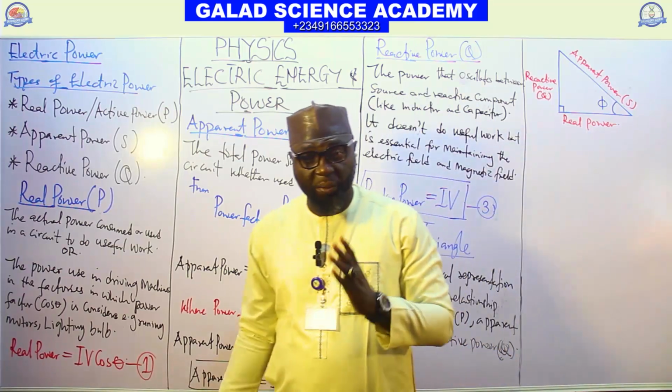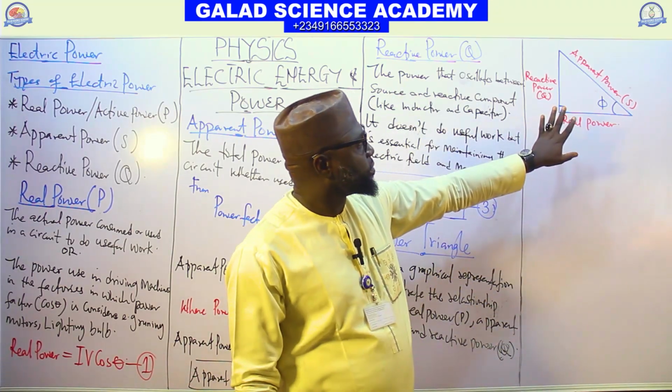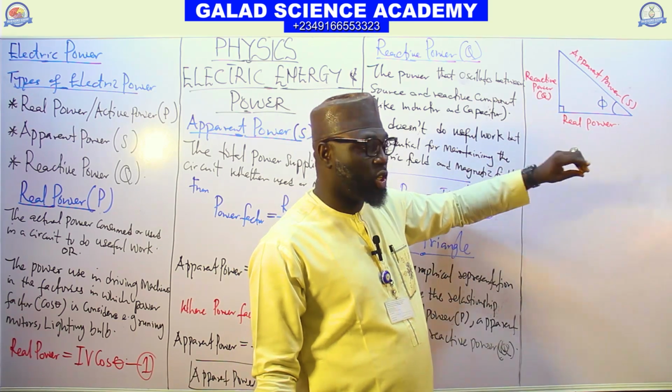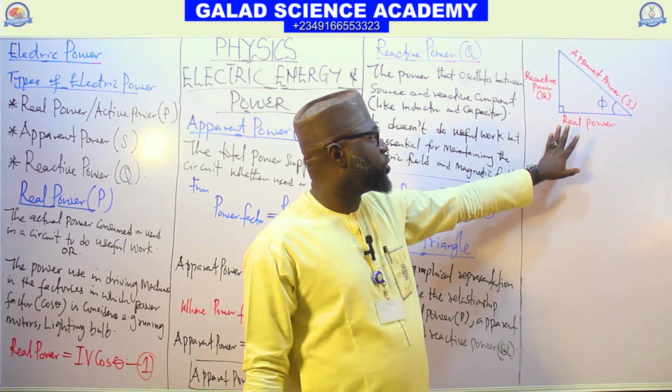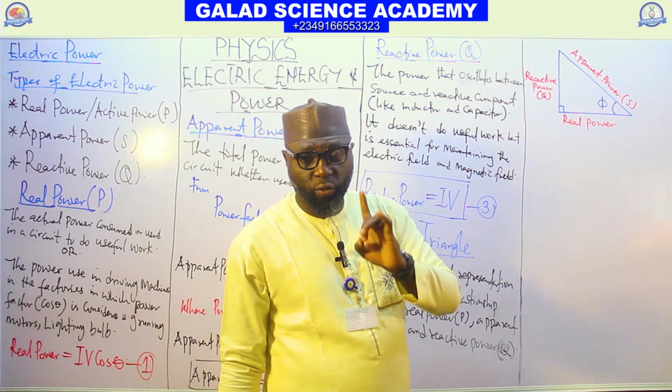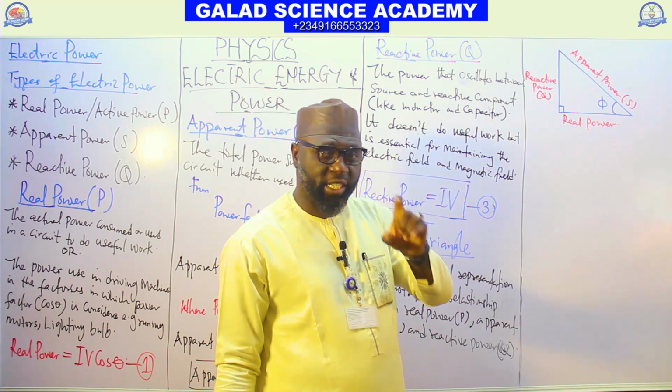From the knowledge of mathematics, there are three theorems that show the relationship in a right angle triangle. The first one, we have Pythagoras theorem for the sides.